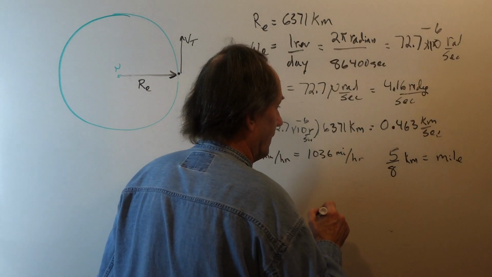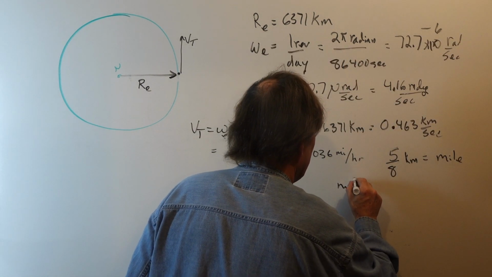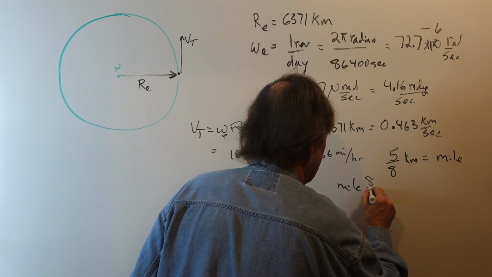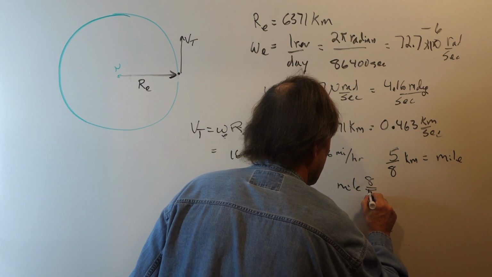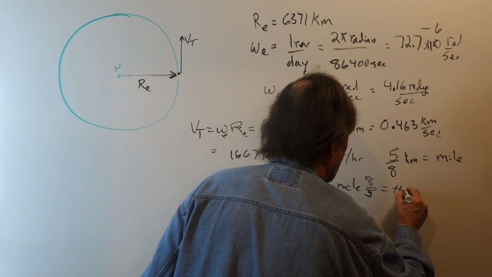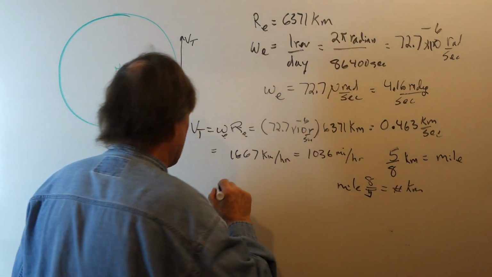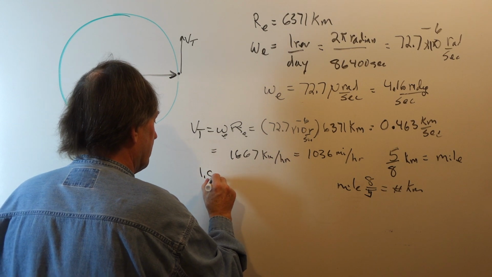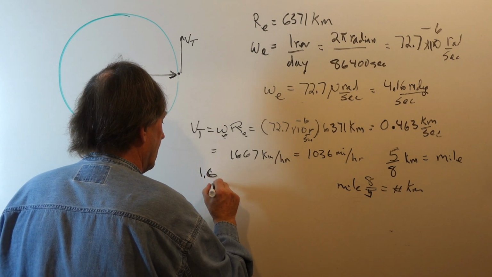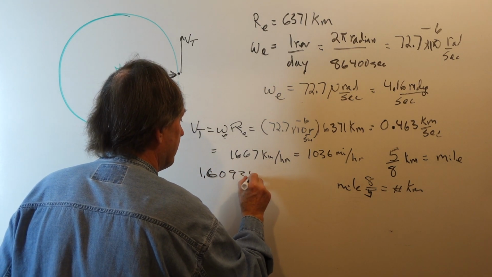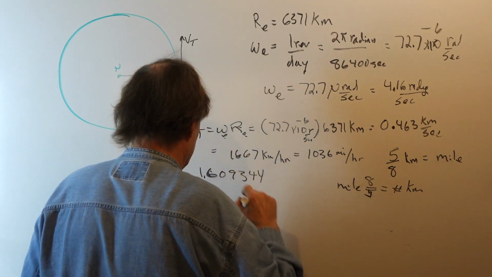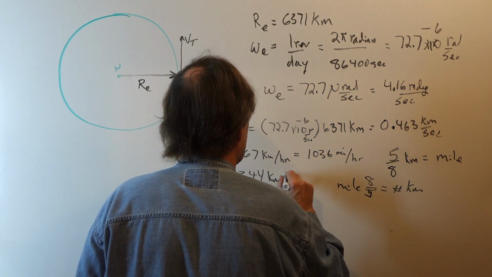Or going the other way, if you take miles and multiply by 8/5, that will give you the number of kilometers. The exact number is that there are 1.60934 kilometers in 1 mile.